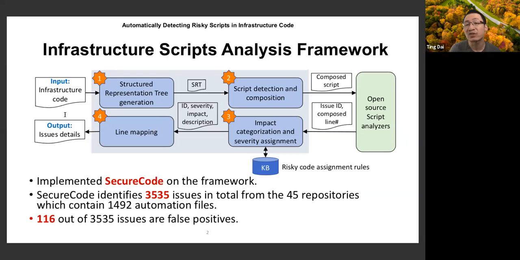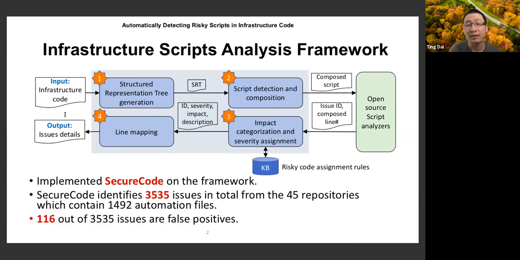By traversing each tree, it composes script contents by removing the template renderings after identifying that the infrastructure code invokes script executions. Because we have observed that template rendering is popularly used in infrastructure code, we have to remove the template rendering when we compose the scripts.